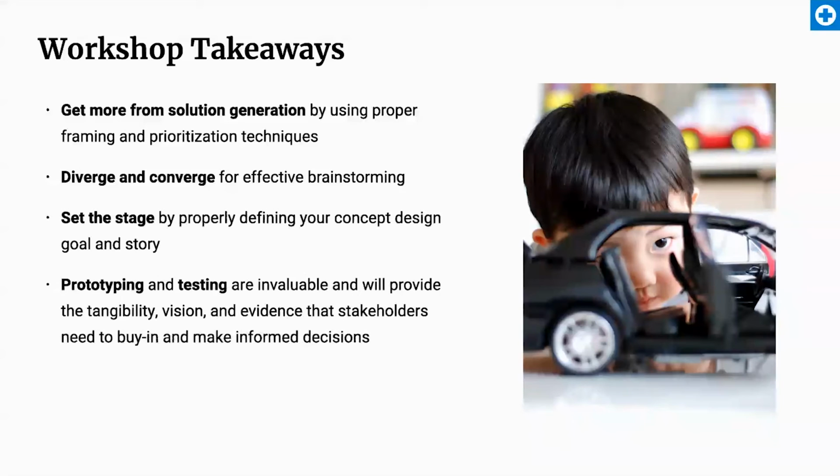Prototyping and testing are invaluable and will provide the tangibility, vision, and evidence that stakeholders need to buy in and make informed decisions. If you do all of these things, you will be confident at the end of this process and be able to drive the type of business impact that you originally set out to achieve.